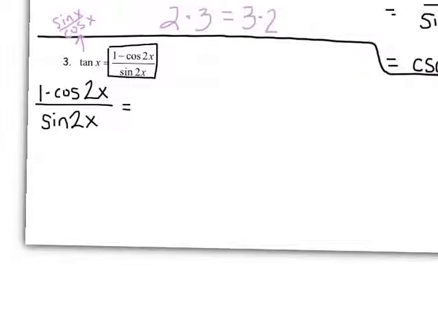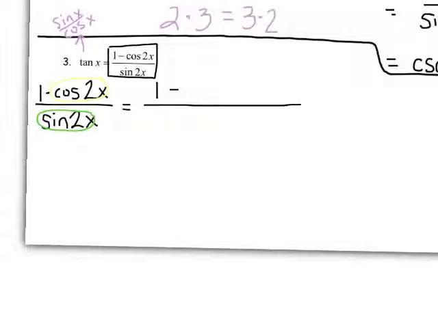All right, so these guys, cosine of 2x and sine of 2x, are both double arguments. So that's something that you're going to have to keep in mind. So let's go ahead and write them as double arguments. So I've got 1 minus, and cosine of 2x is the one that has 3 different options.